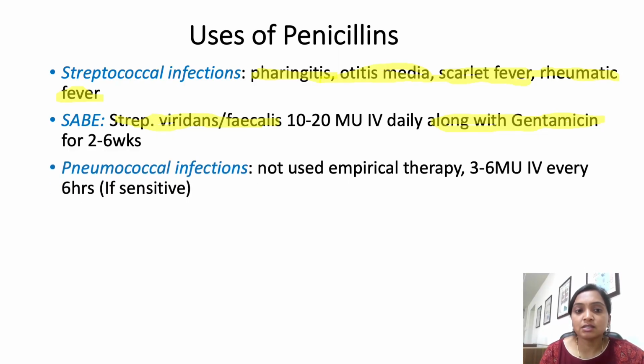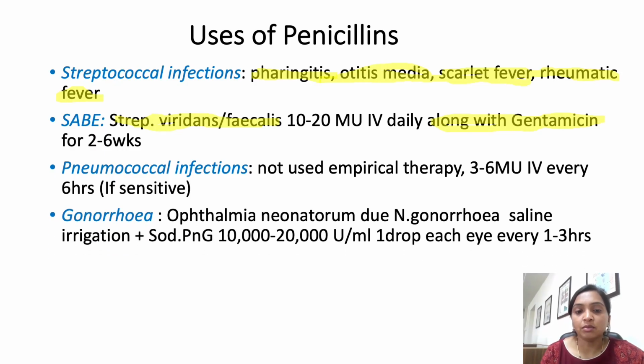The next use is in pneumococcal infections. We have better drugs now, but it was used previously for some sensitive organisms. And also in case of gonorrhea and ophthalmia neonatorum. Gonorrhea is an infection caused mainly in the genitalia.